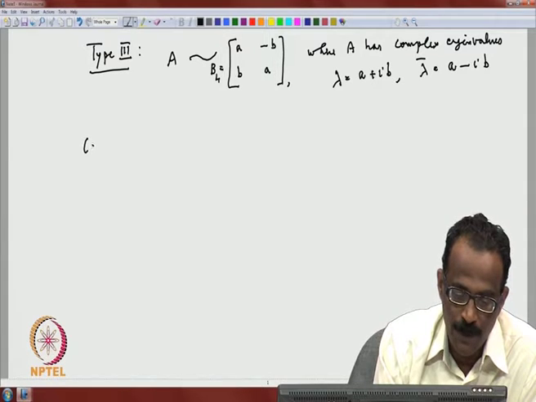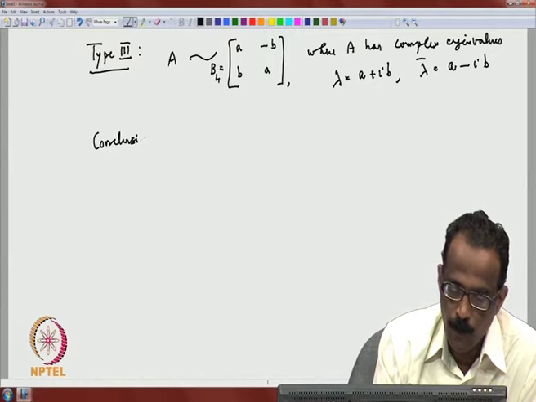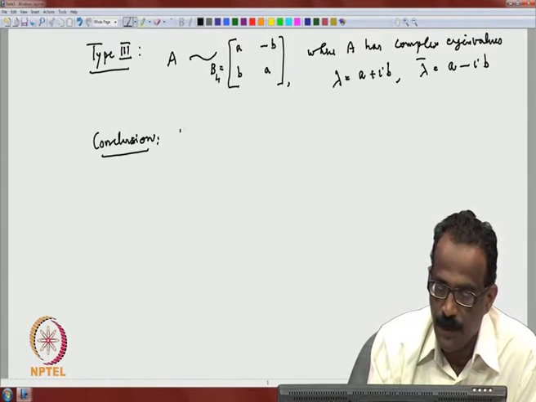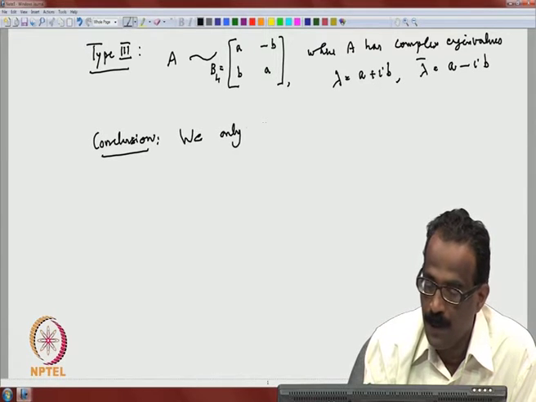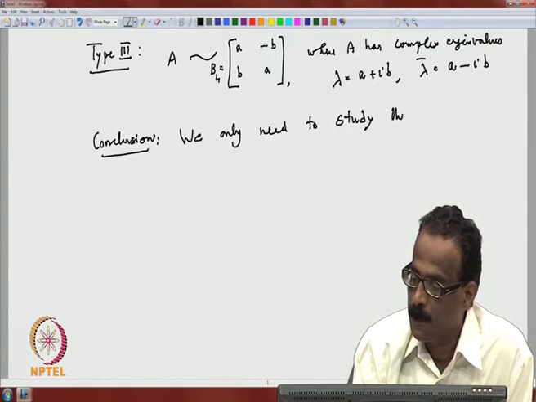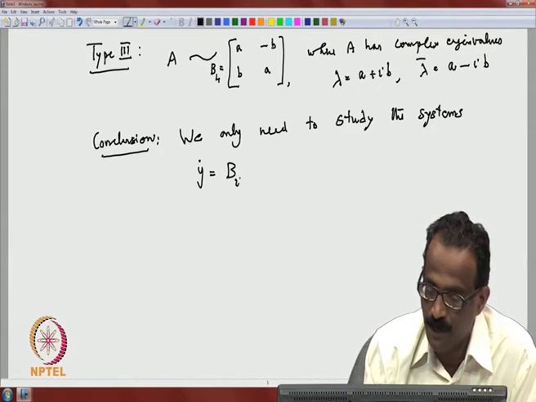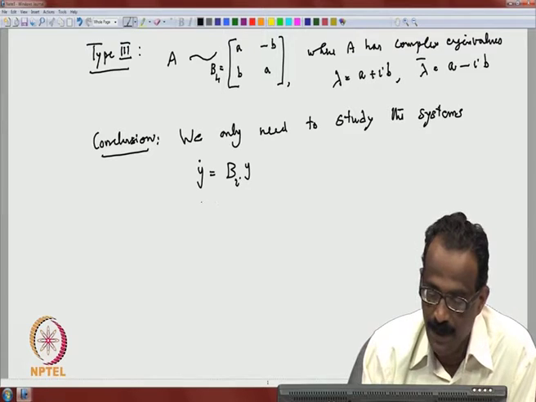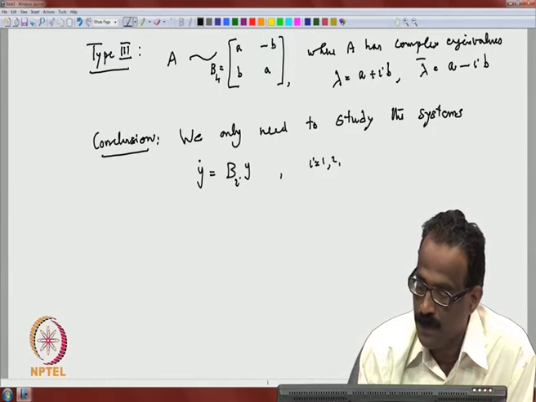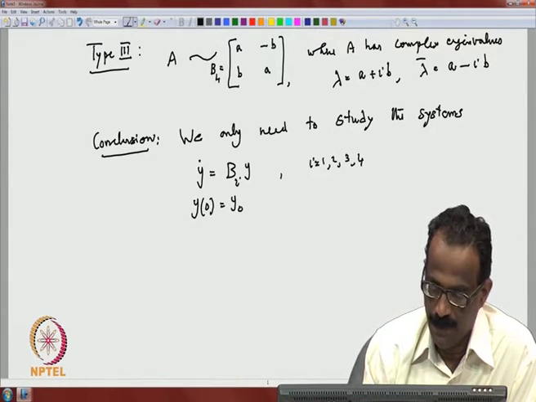Therefore, in conclusion, we only need to study the systems y dot equal to Bi y, for each of these 4 Bi's, where i equals 1, 2, 3, 4, with some initial value, say y at 0 is equal to y naught.